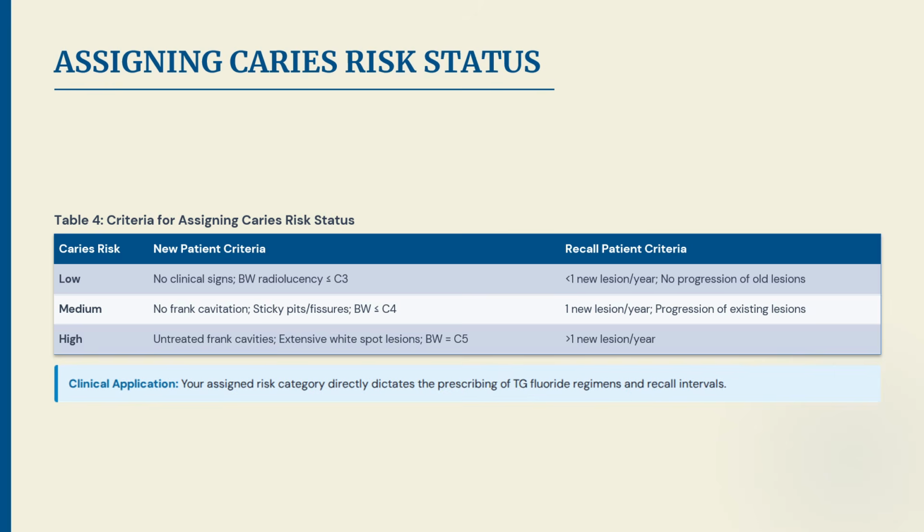Then that's a medium risk. And there is progression of existing lesions. So always with caries, you're comparing the old radiographs with the new ones, or old intraoral photographs with the current photographs, just to get an idea if the lesions are increasing in number or in size, and all those things.